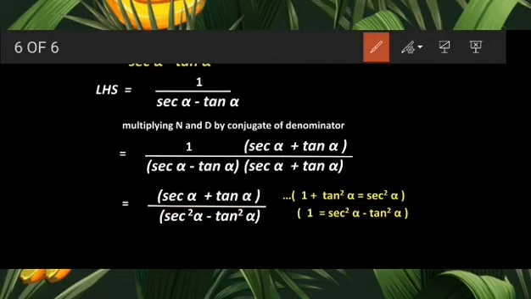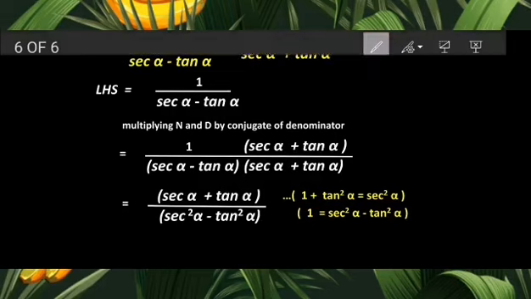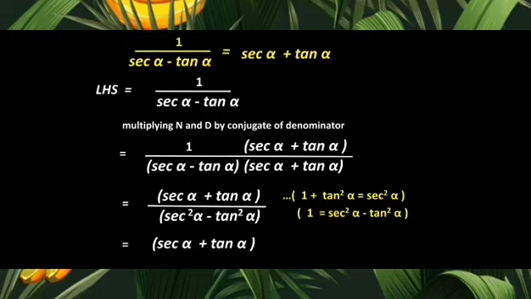So we can replace this denominator by writing its value, 1, and we remain with the numerator only, because 1 in the denominator is negligible. As you can see, we are left with only sec alpha plus tan alpha, and that is what we needed to prove, and that is the RHS.